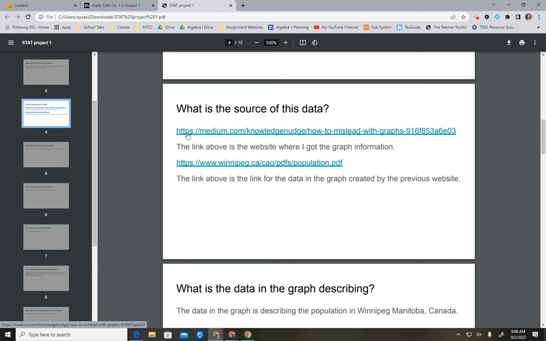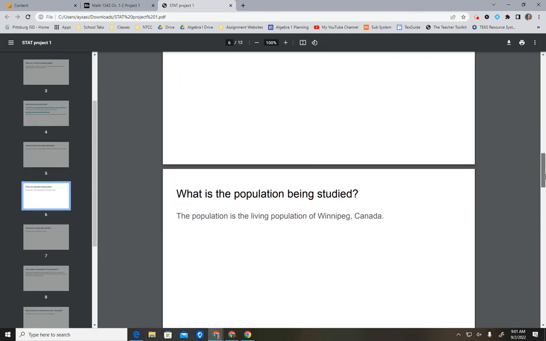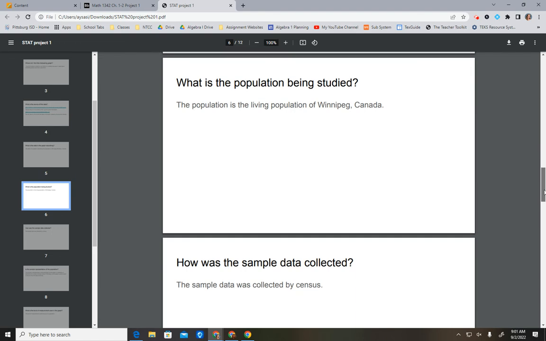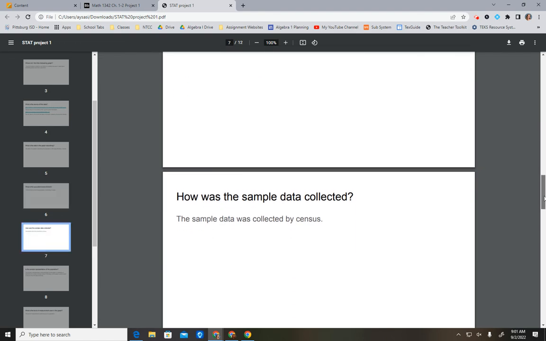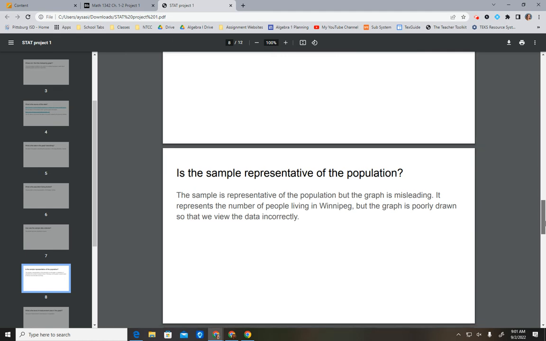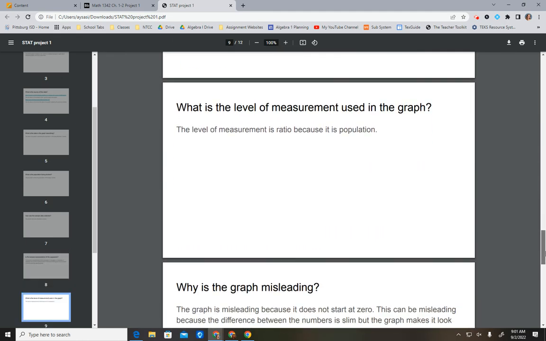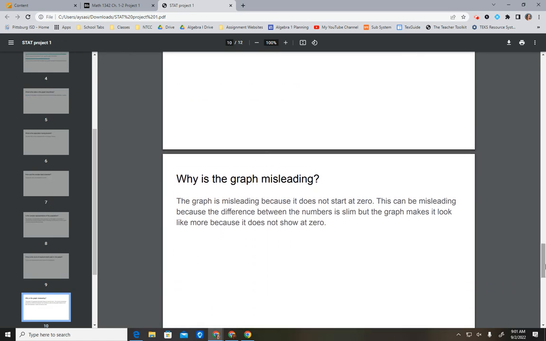This is where someone talked about how it was a misleading graph, but this is the actual source. And then what is it describing? Population being studied, sample data collected, how was it collected? Is it representative? And then there's your level of measurement. And then why it's misleading.